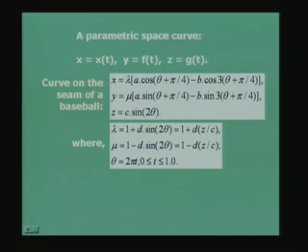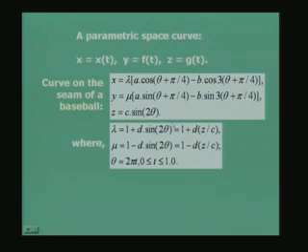I do not have the example of that particular curve right now in the presentation, but you can look into the book by Rogers and Adams and other books which talk of the illustration of the curve on the seam of the baseball, which will be represented in x, y and z in this particular form, with lambda and mu again being functions.